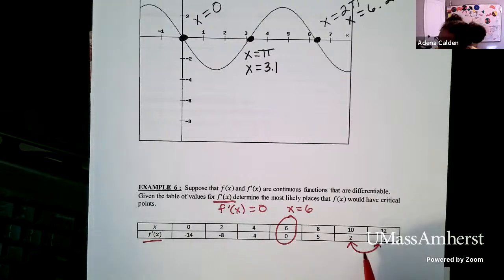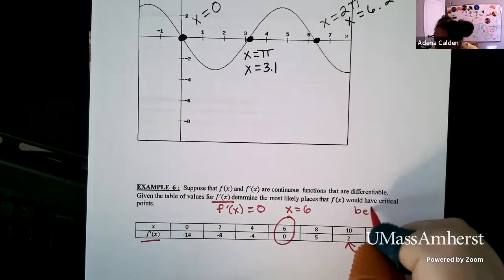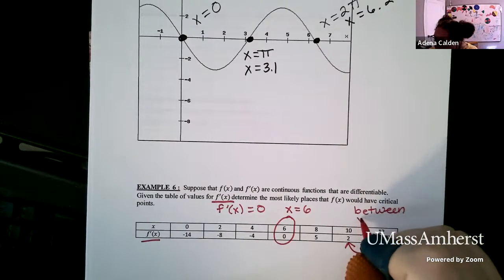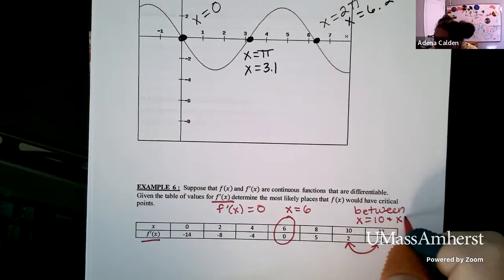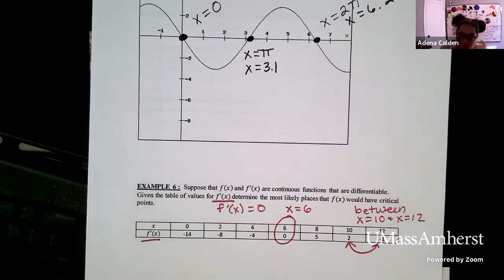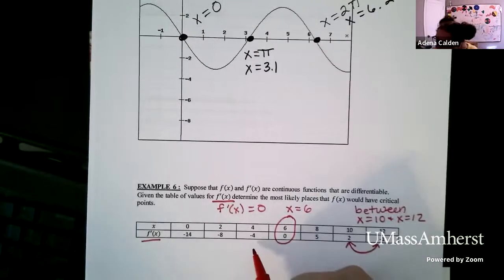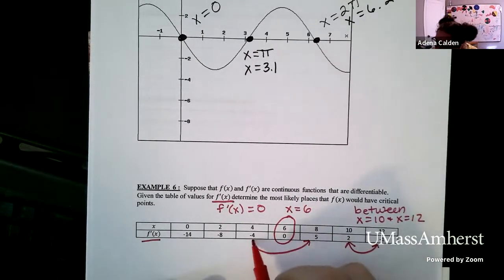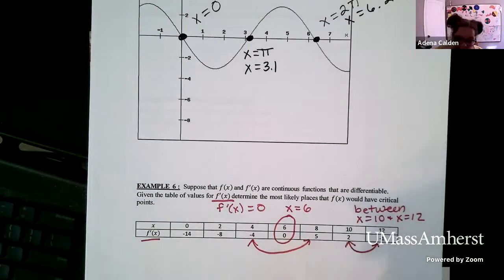So we're going to have another critical point between x equals 10 and x equals 12 because the derivative changed signs. It also changed signs over here from negative to positive, but fortunately we knew exactly where it happened because it was given to us on the table. Here, somewhere between 10 and 12, we have to cross through 0 to get from +2 to -1, right? You have to go through that x-axis.